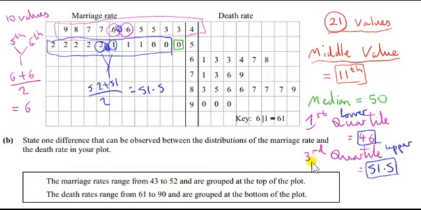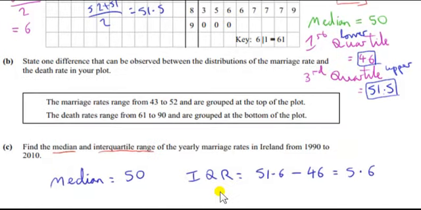Okay, it makes sense because we're dividing the data into 4 parts, if you like, 4 quarters. Anyway, that's a measure of spread, how spread out the values are. So it's 51.5 minus 46. So I'll abbreviate interquartile range by IQR. It's 5.6.